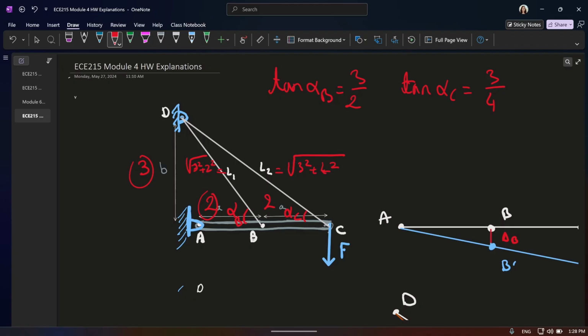So instead of using the angle alpha B, you can use 3 divided by the value L1, the square root of 3 squared plus 2 squared, or you can use 3 divided by the square root of 3 squared plus 4 squared. Okay, so those are the two options to find it.